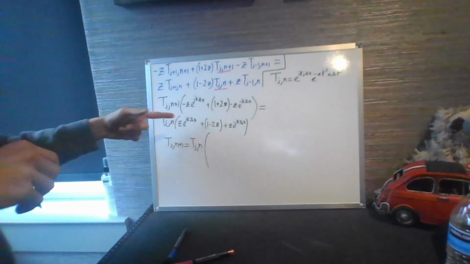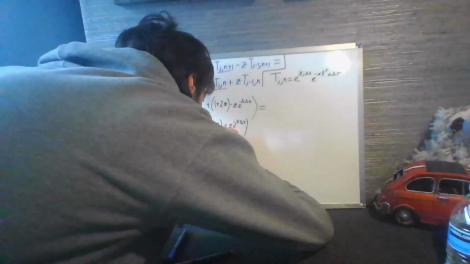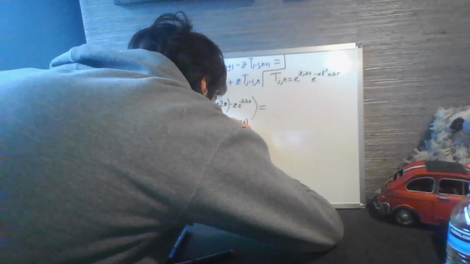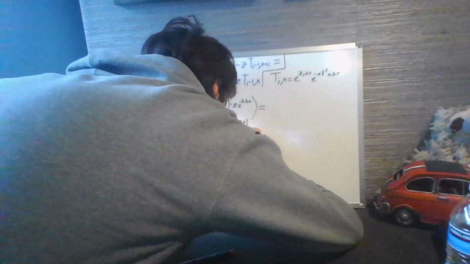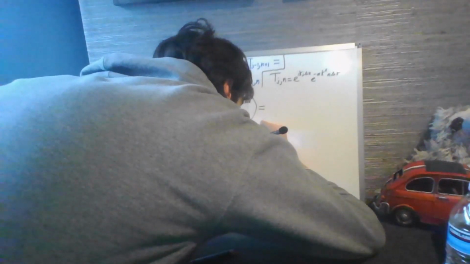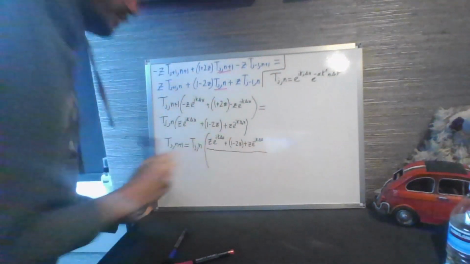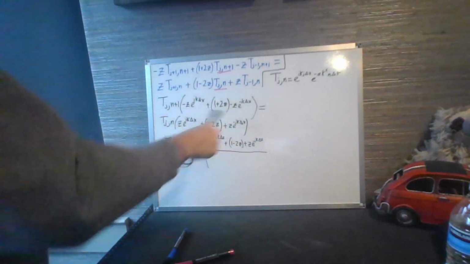Of course, we're going to have this in the numerator: z e to the ik delta x plus 1 minus 2z plus z e to the negative ik delta x. Alright, that's our numerator, and as our denominator we have this.